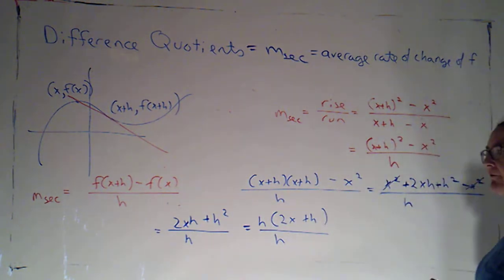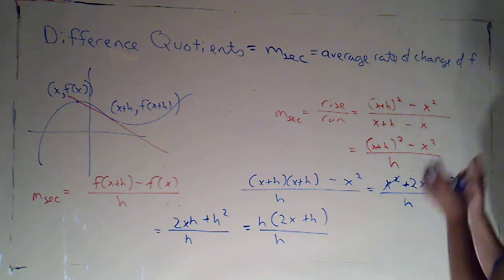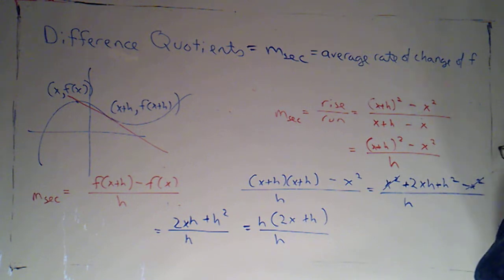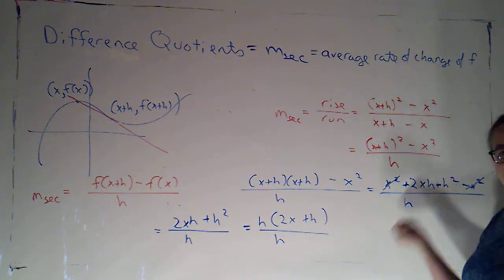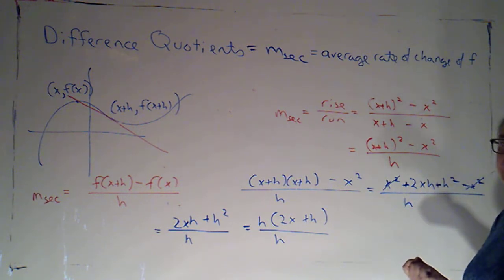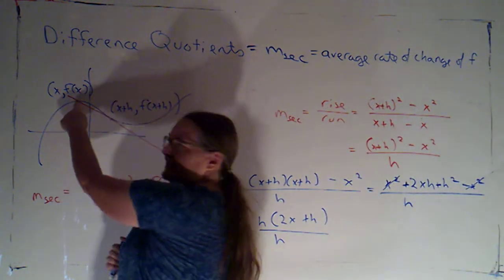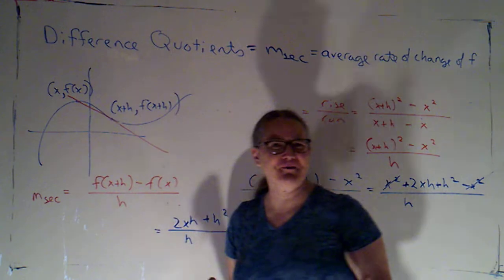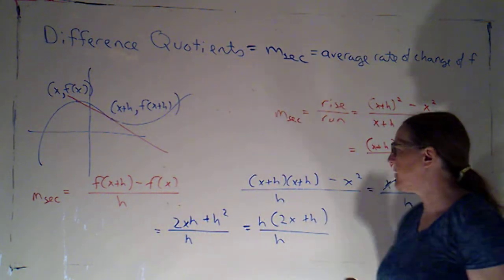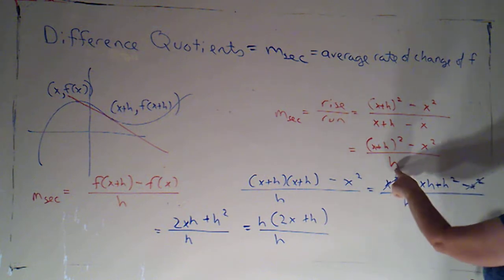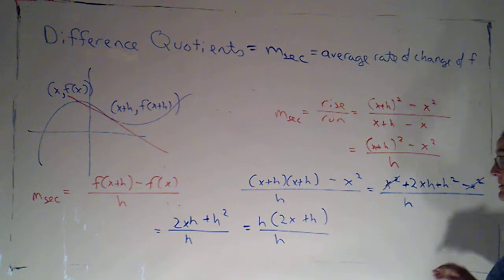I do, however, want to be careful because from the beginning we've had h in the denominator. So I can see that h can't be 0. If h were 0, I wouldn't have 2 points because my second point would be the same as the first, and then I couldn't calculate a slope. So I understand geometrically why h can't be 0, and algebraically I can see that it can't be 0.